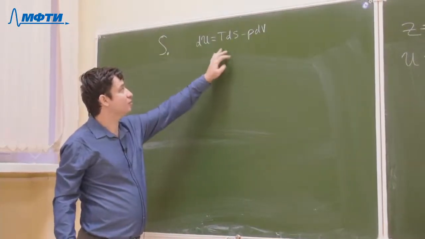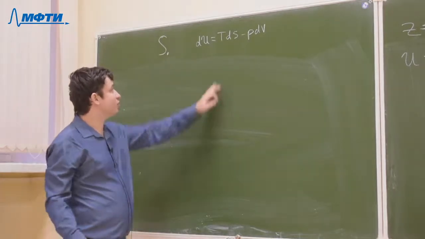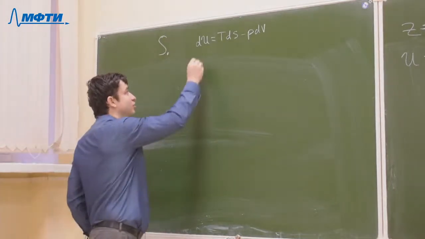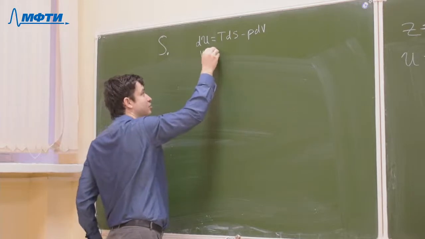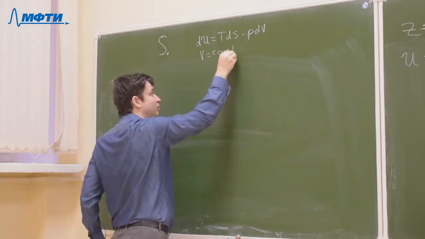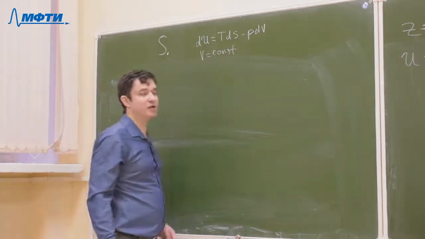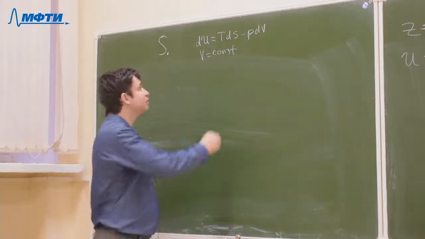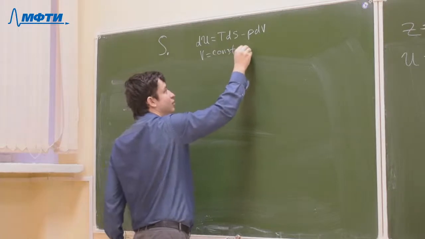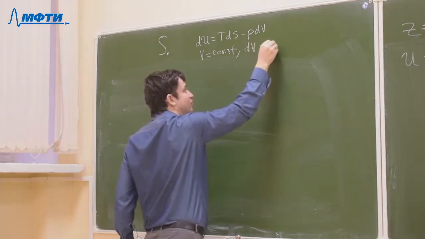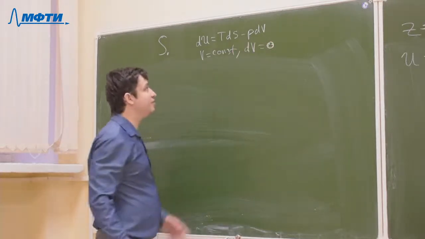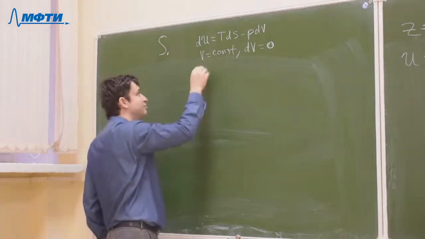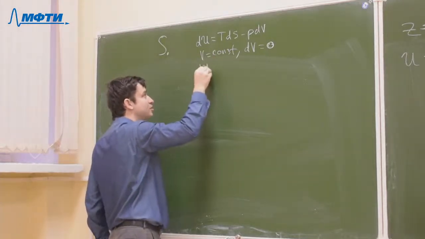So from this, assuming a constant volume, which is typically assumed when we study statistical physics, then dV is 0, and this equation becomes a bit simpler.